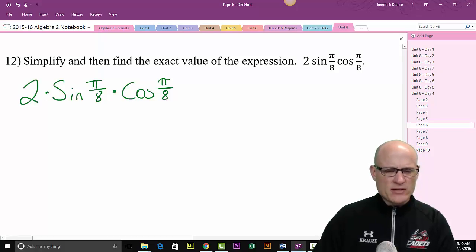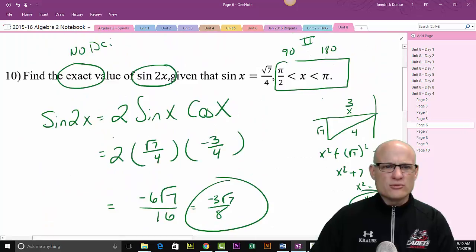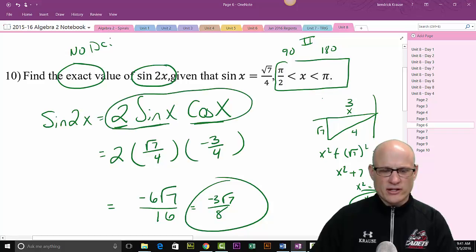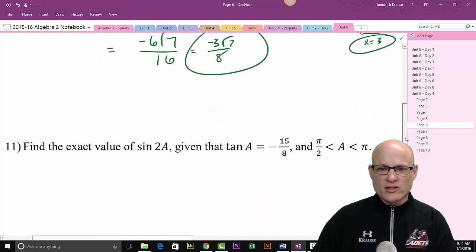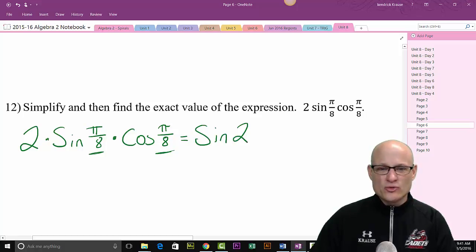Didn't I just do something like that? This is 2 sine of an angle cosine of an angle. It's a different angle, but it's still an angle, right? So this is 2 sine of some angle cosine of some angle. Wait a second, that's just the double angle formula.